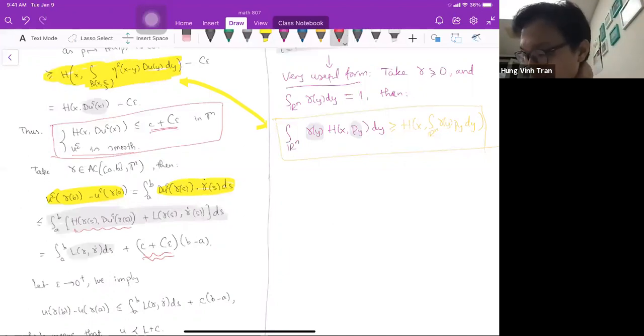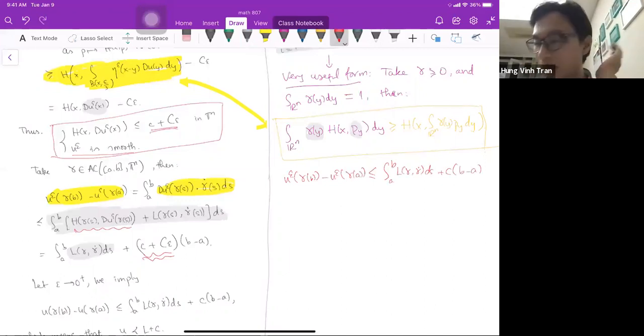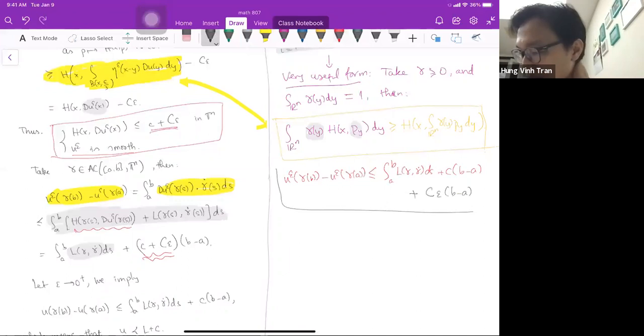Anyhow, we got that u^epsilon(gamma(b)) minus u^epsilon(gamma(a)) is less than or equal to the integral from a to b of L(gamma dot) ds plus C(b minus a). This is the normal thing, and then we pay a bit of the price, so we have plus C epsilon (b minus a). That's what we got from here.